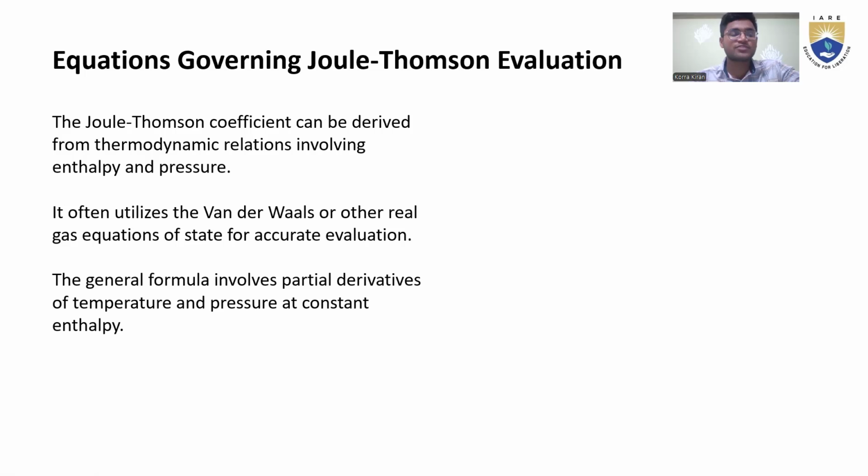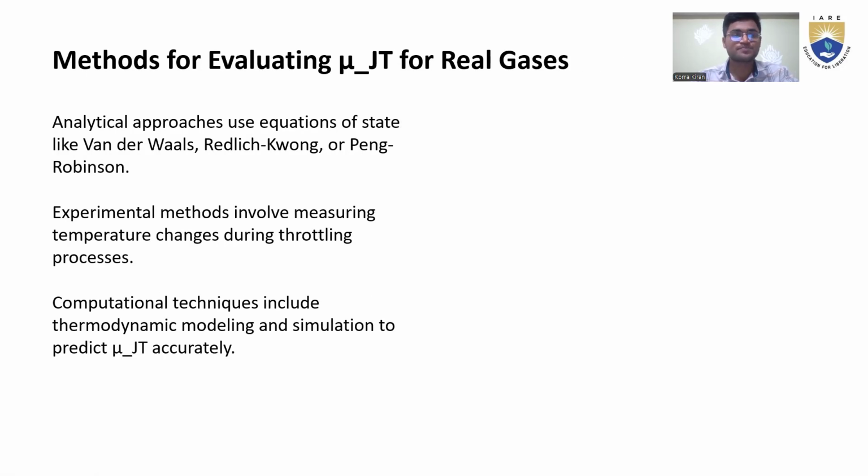At the same time, for the ideal gas equation we are using PV equal to nRT. And the general formula involves a partial derivative of temperature with respect to pressure at constant enthalpy, and this formula can be derived at constant enthalpy by changing the pressure and the temperature.